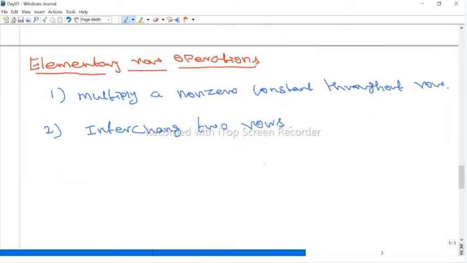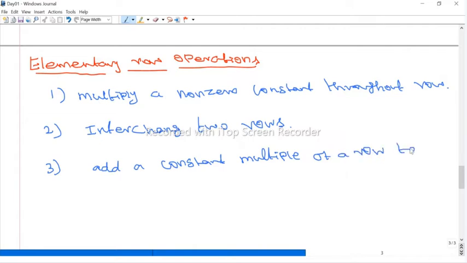And the third kind is that you can multiply one row by a constant and add it to another row. That is, add a constant multiple of a row to another row.